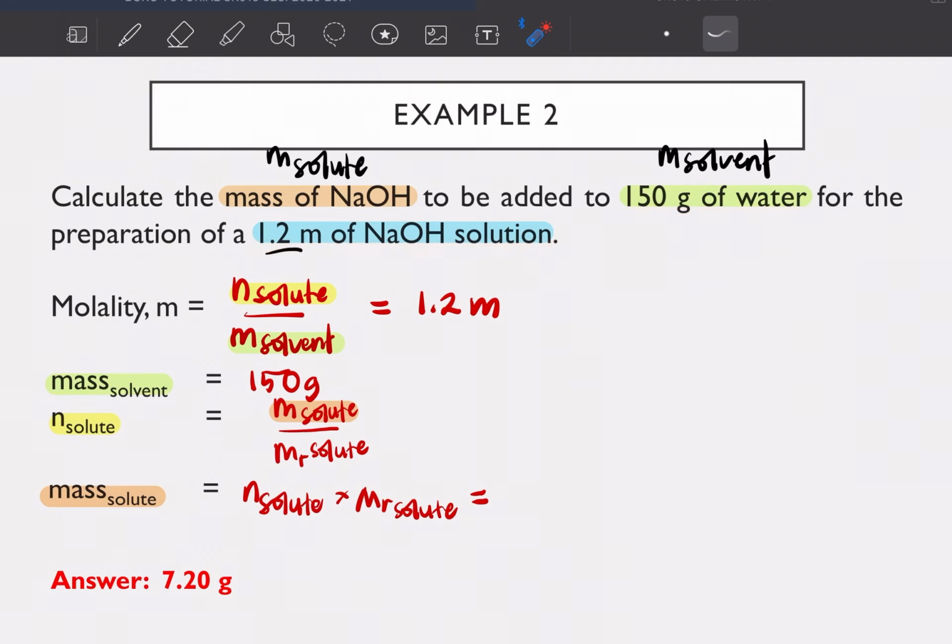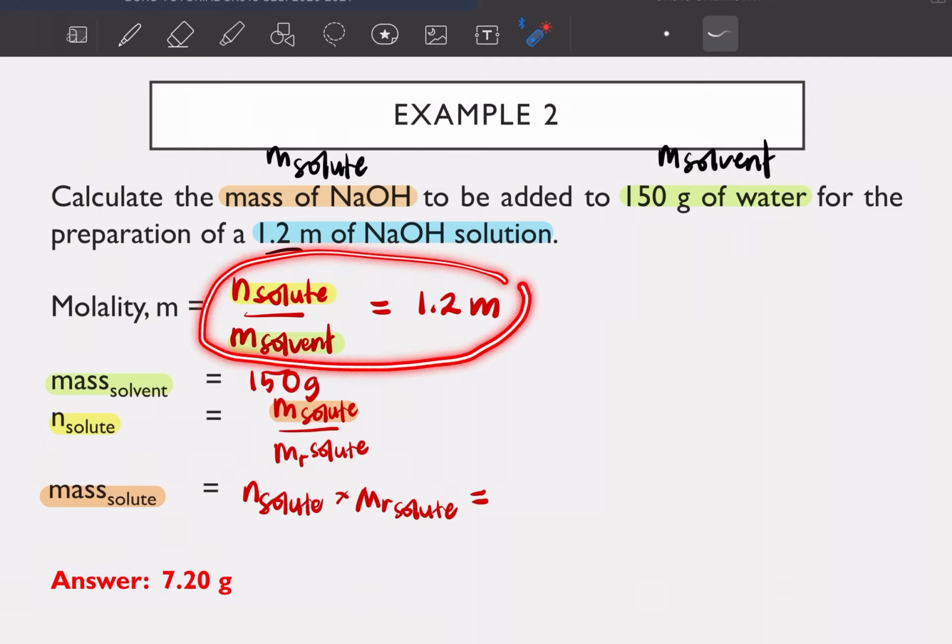we must use the information that is given. So since molality equals to mole of solute over mass of solvent, and it equals to 1.2 molal, that means that we can find the mole of solute. Okay, so daripada mole of solute ni, okay, kita rearrange this part.